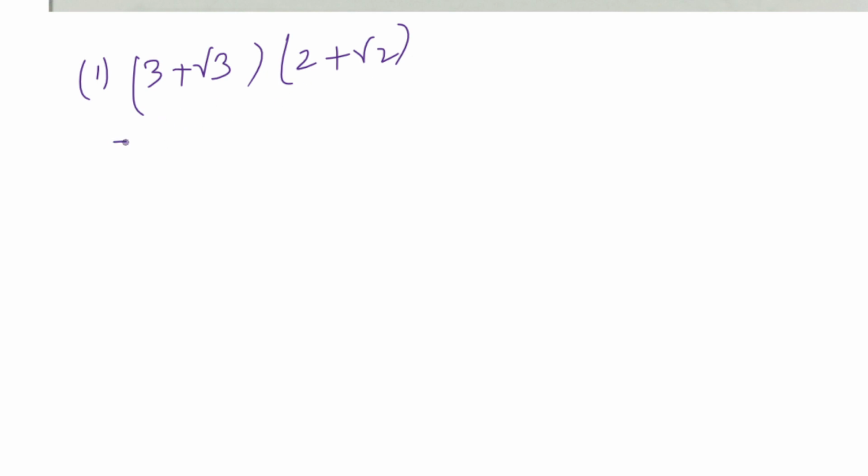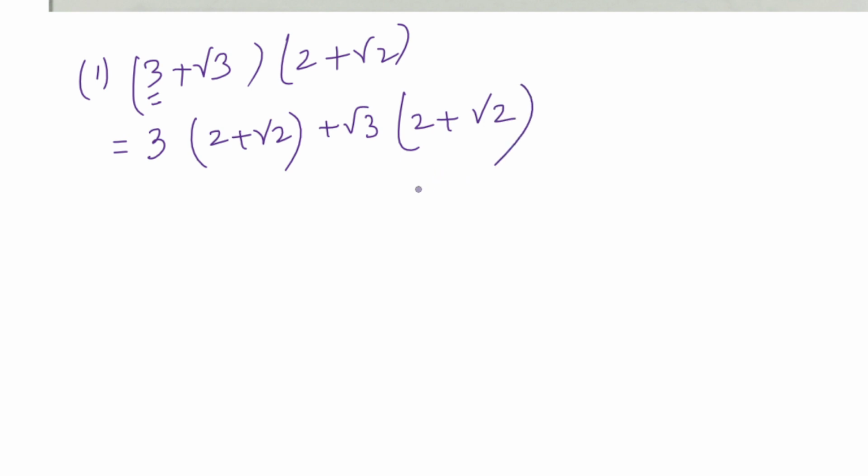So what you do? Take this 3, see this step. With this 3 you multiply the whole bracket 2 plus root 2. Again, what is left? Plus root 3. You have to write the sign also. With this plus root 3 you multiply again the same bracket 2 plus root 2.